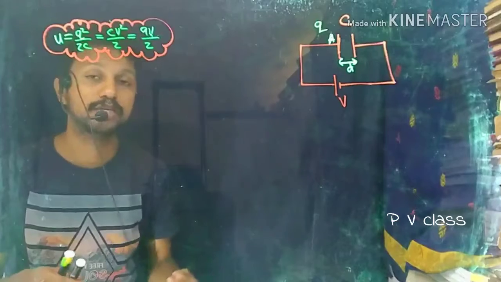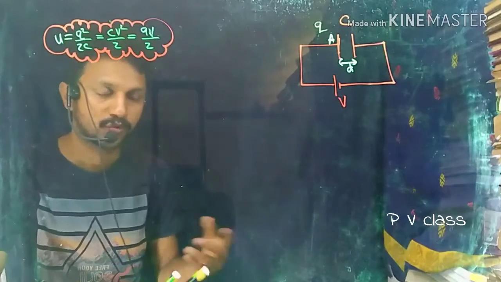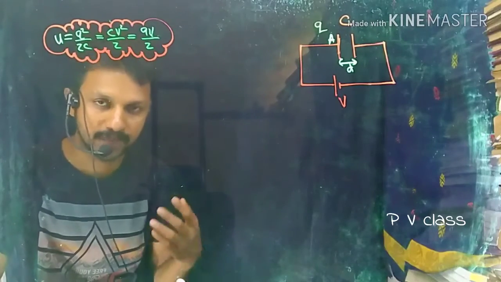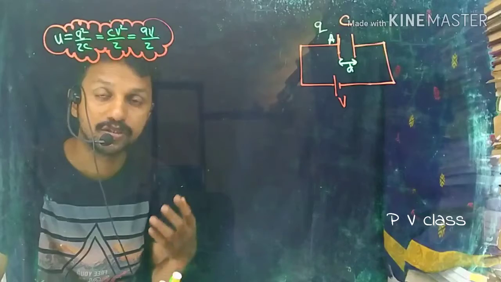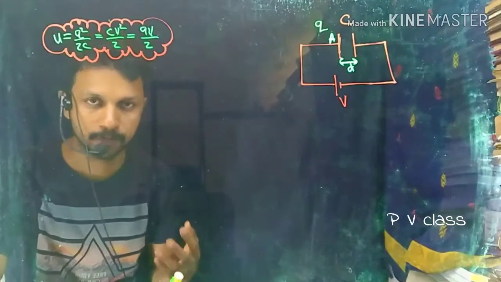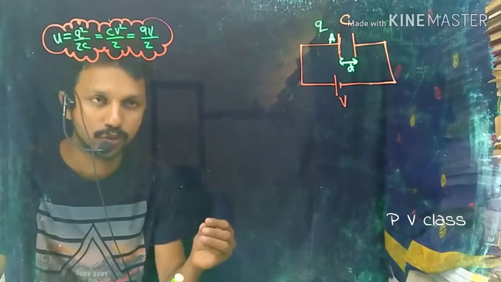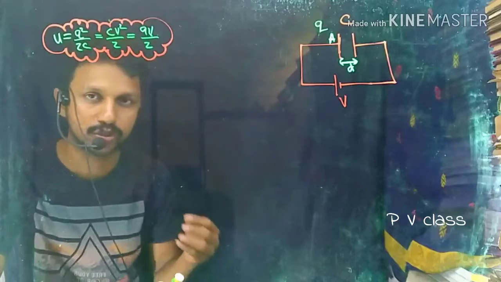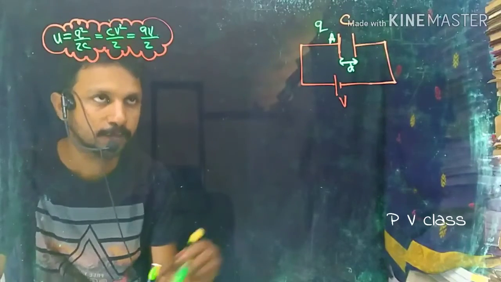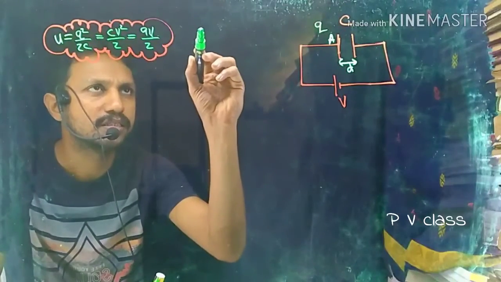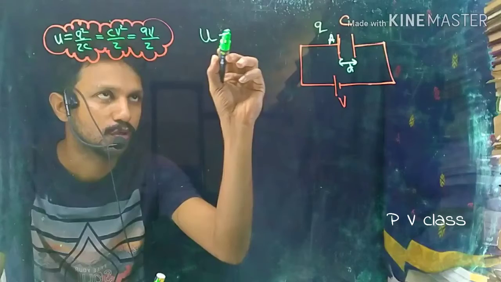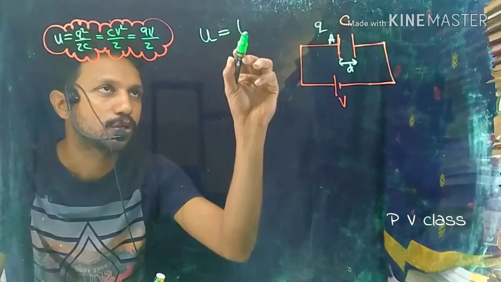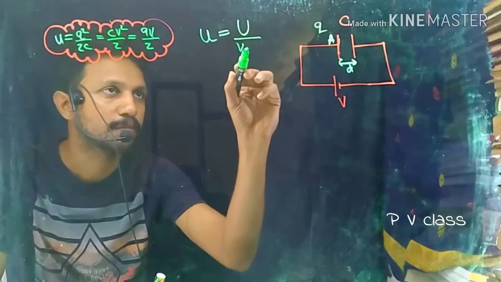Let's derive the expression for energy density. For that, what is energy density? Energy density is energy stored per unit volume. That is, the energy stored in a unit volume of capacitor is called the energy density of the capacitor. And energy density is denoted by the letter small u. Small u is equal to total energy divided by total volume.